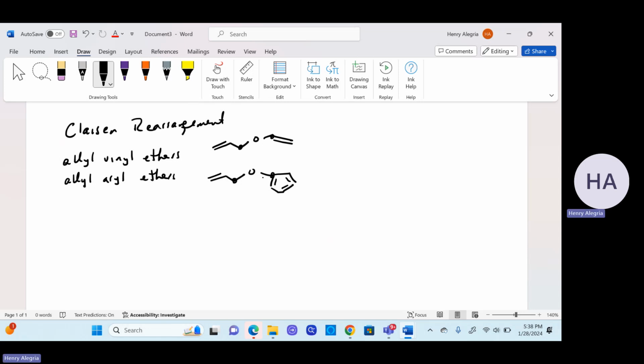So let's say, for example, that I use this one to illustrate what's happening. So if I have that, all I'm going to do is change the orientation, how I draw the molecules slightly. So here, I'll put numbers 1, 2, 3, oxygen is 4, 5, and 6, just so that we keep track.